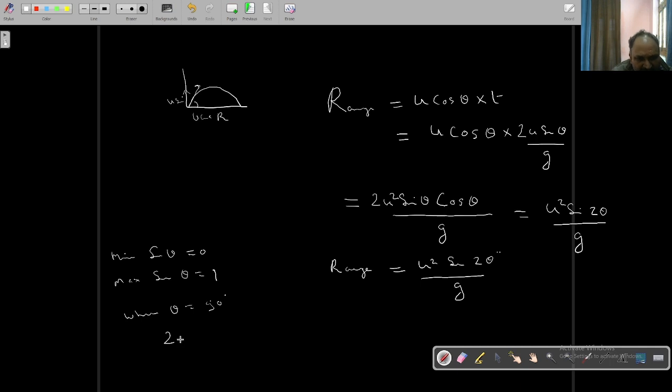So 2 theta is equal to 90 degrees, so theta will be 45 degrees. So in order to get maximum range of a projectile, we have to project the particle at an angle of 45 degrees from the horizontal.